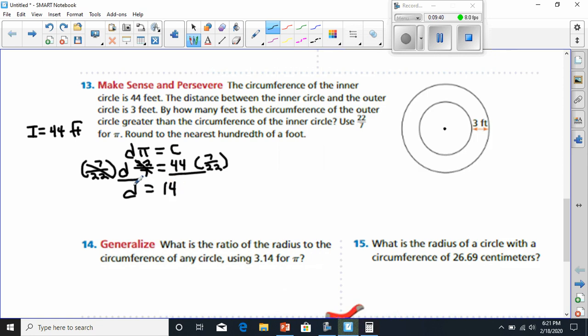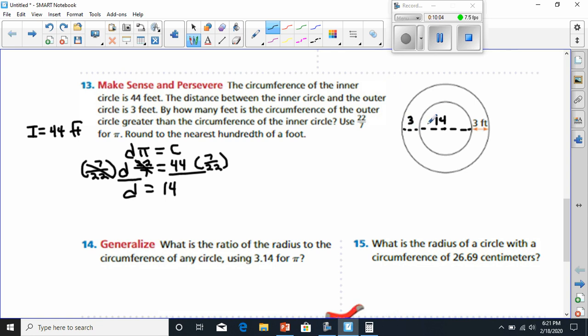Remember, D equals the diameter of the inner circle. So the diameter is 14. Now, if that's 14 and this is 3, that means this side is also 3.